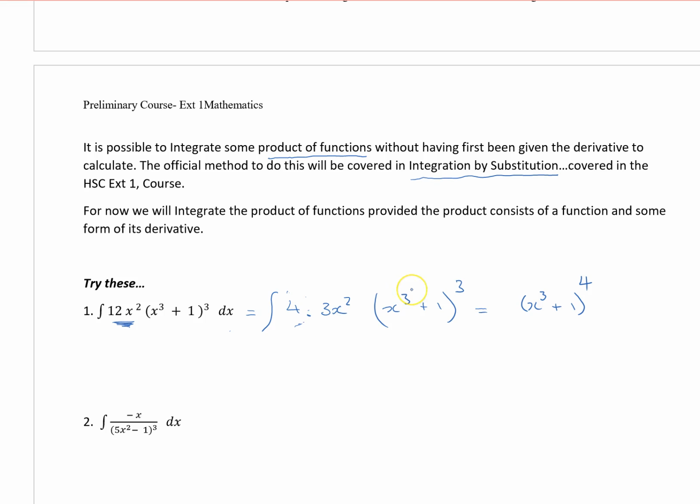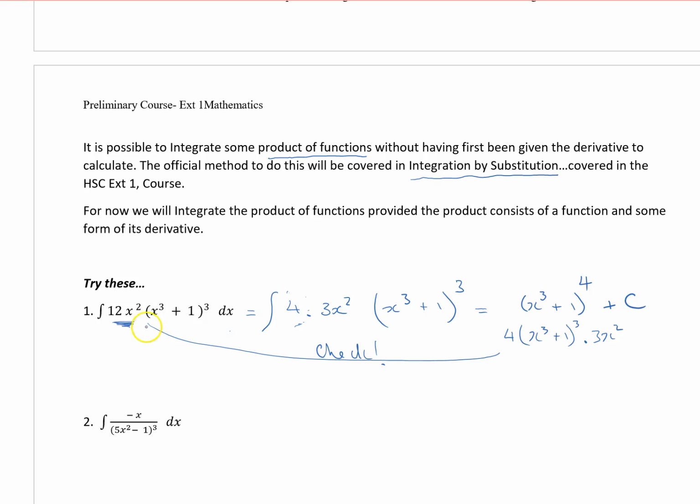And our 3x squared would cancel out, and so we nicely just get this plus a constant. Like I've said before, you can differentiate, bring the 4 to the front, x cubed plus 1 cubed times 3x squared would be the derivative, which 3 fourths of 12x squared, x cubed plus 1 all cubed is exactly that. So this is like our check.